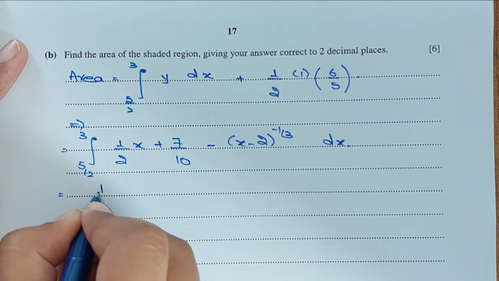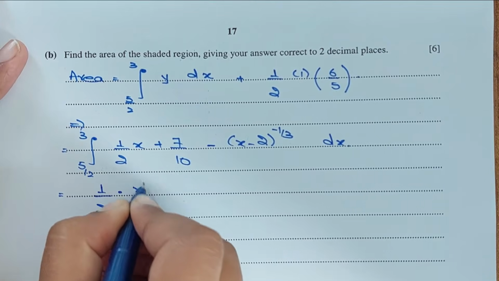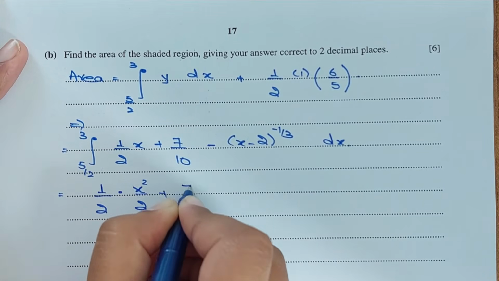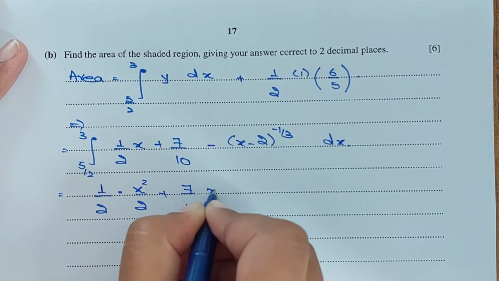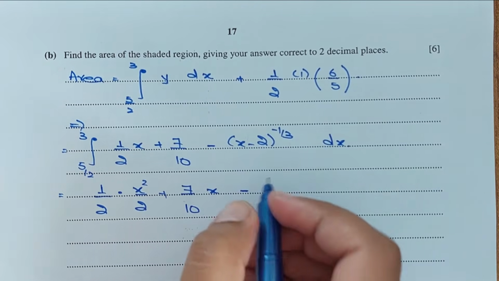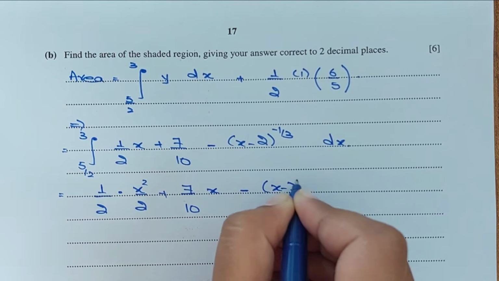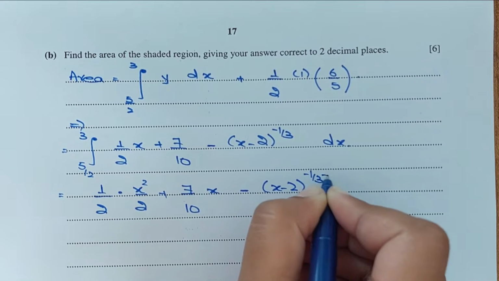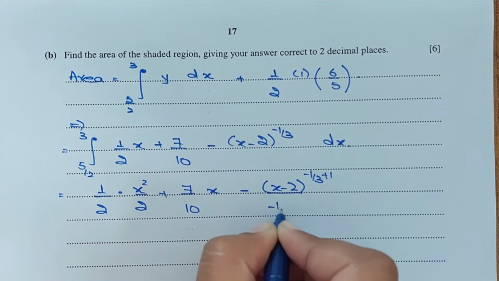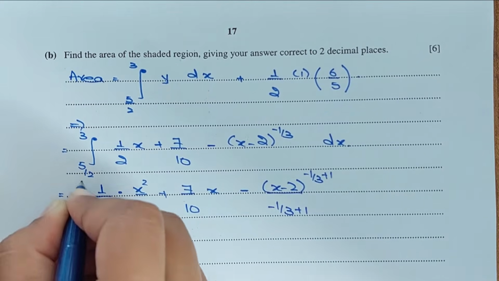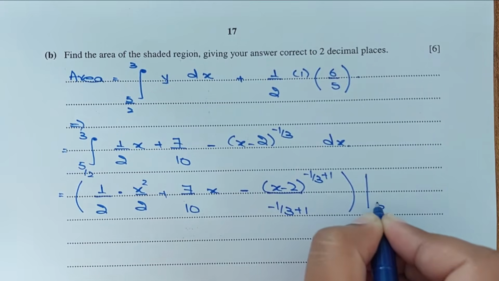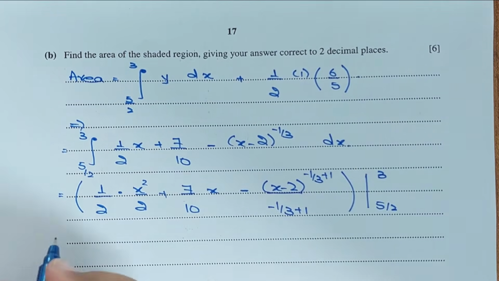So we have 1 by 2 outside, x squared over 2, plus 7 by 10 outside, it's x, minus, applying the power rule, (x minus 2) to the power of minus 1 by 3 plus 1, over minus 1 by 3 plus 1, and the limits are between 5 by 2 and 3.